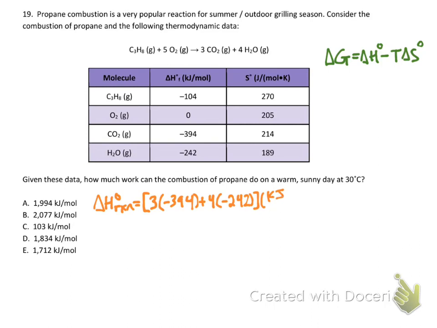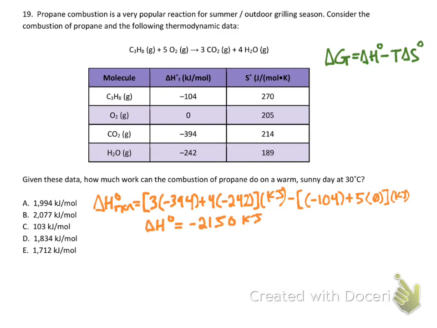So all these are in kilojoules. Products minus reactants, I like to offset my products and reactants in brackets, just makes it easier to organize. So we have propane is negative 104 kilojoules per mole. There's only one of them. And there are 5 oxygens, but each oxygen is bringing a whopping 0 kilojoules per mole to the table. Again, these are all in kilojoules, which ends up giving us negative 2,150.